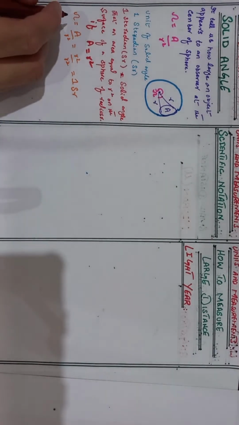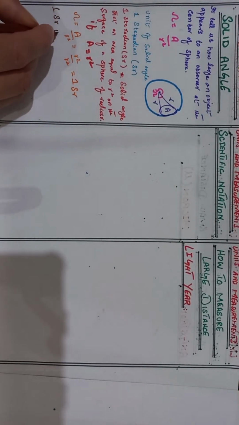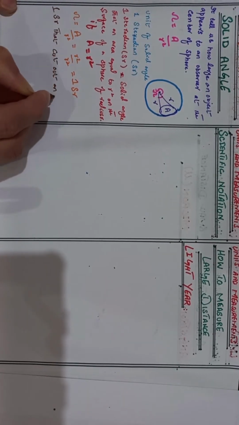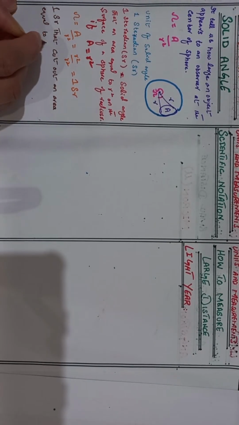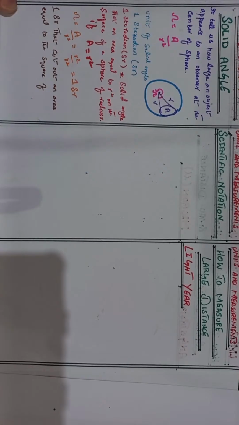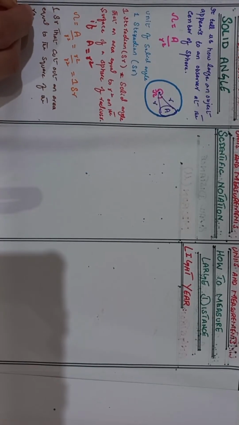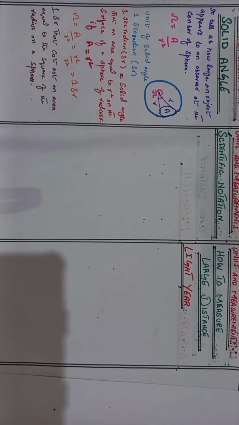So 1 steradian cuts out an area equal to the square of the radius on a sphere.